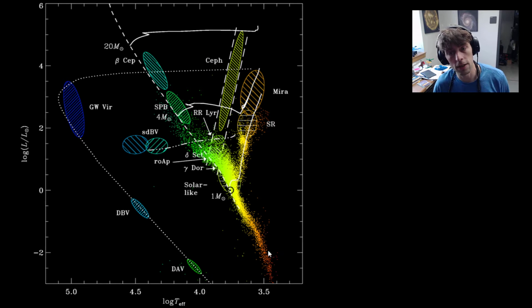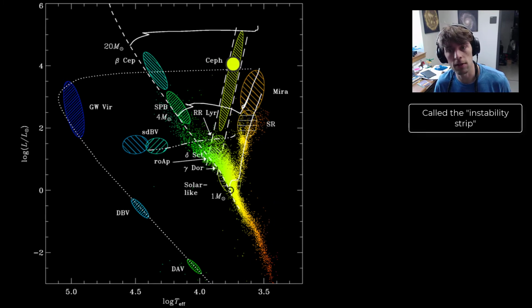There are particular spots on the HR diagram where, when a star passes through those regions, it becomes a variable star. The main location is right here. This dashed line with the yellow hatched mark is the classic Cepheid variable stars, and these are the ones we're really going to be dealing with.